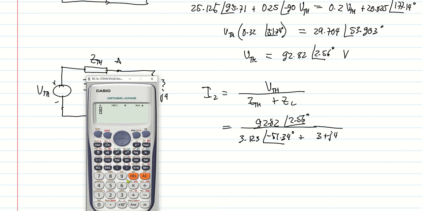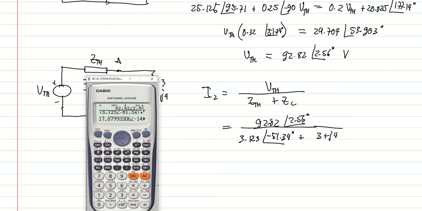So this should be 92.82 angle 2.56 all over 3.123 angle negative 51.34. Then we add our load, that is 3 plus j4. And this will be the result.